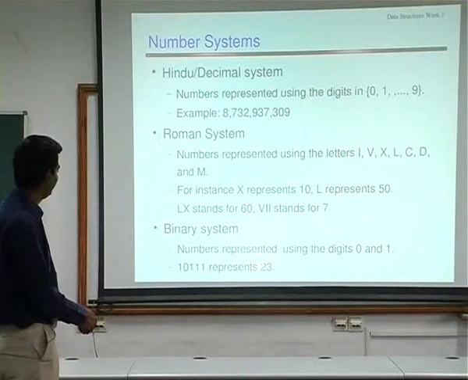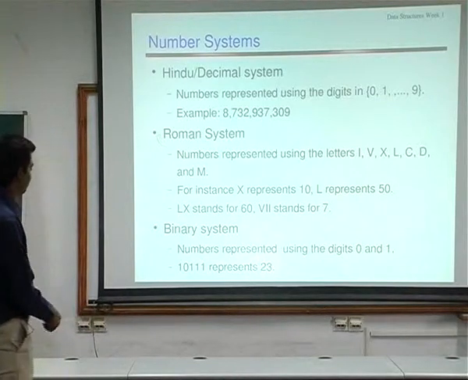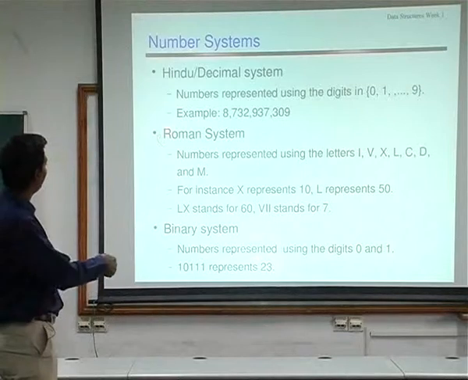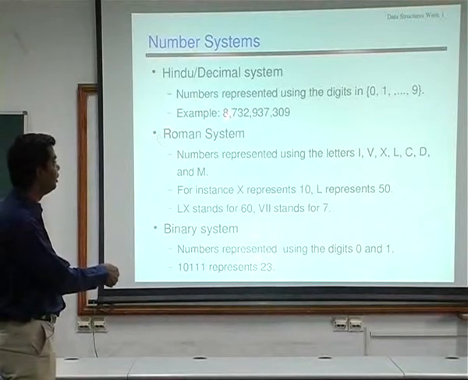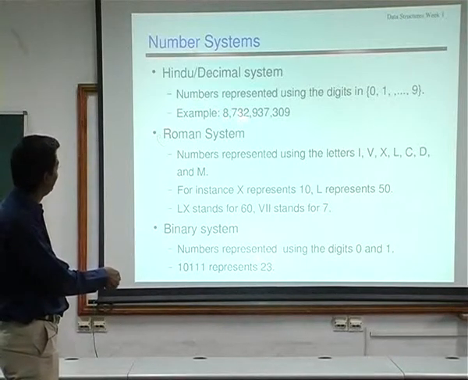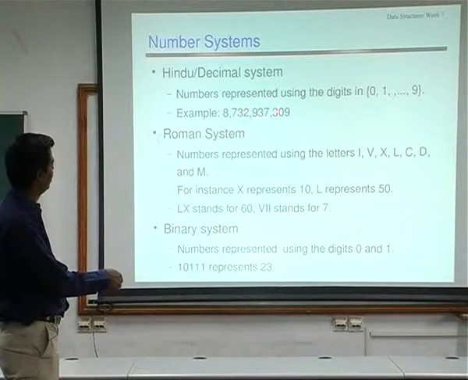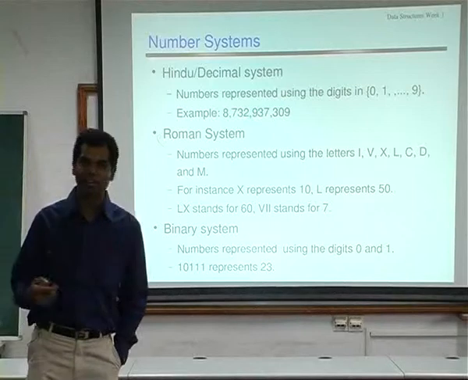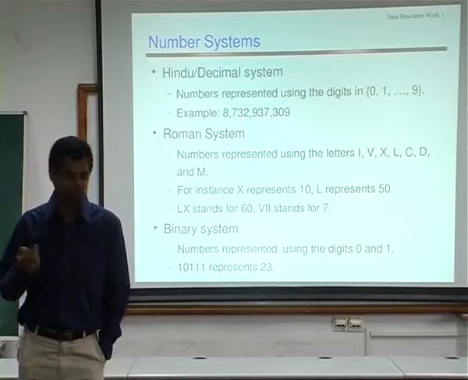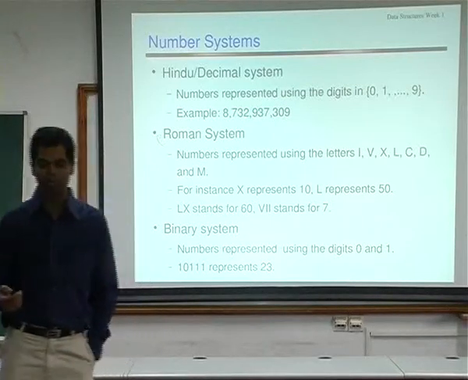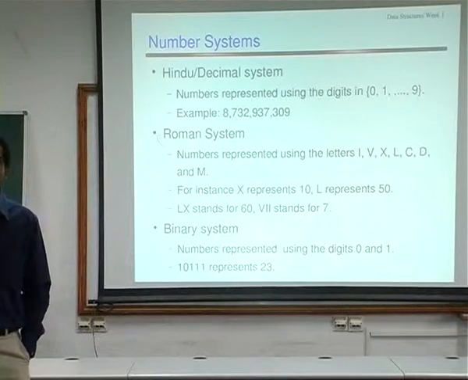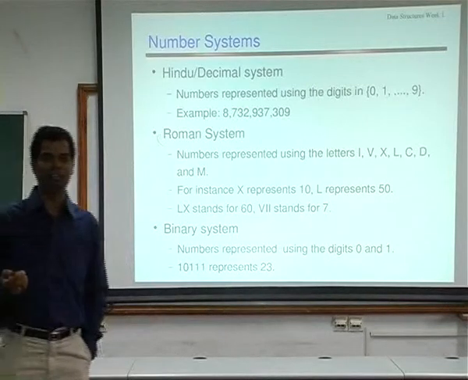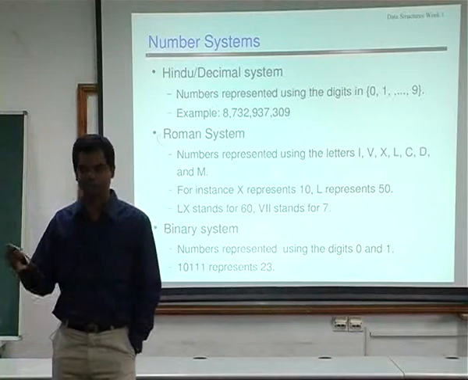You add up all these things, that represents 23 actually, right? So here, for instance, this number is 8,732,937,309, right? Notice that every digit has its weight, and there are some possibly short names for specific digits or specific weights, such as a million, billion, so on and so forth, right?